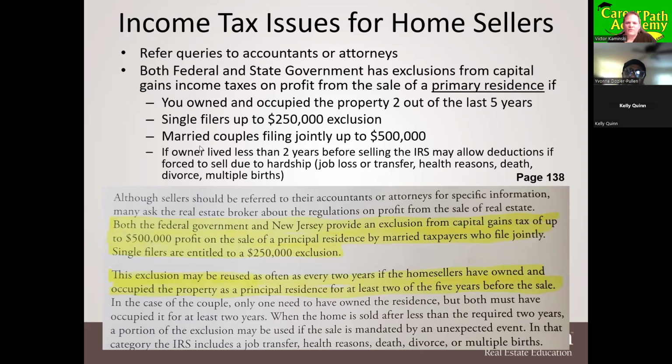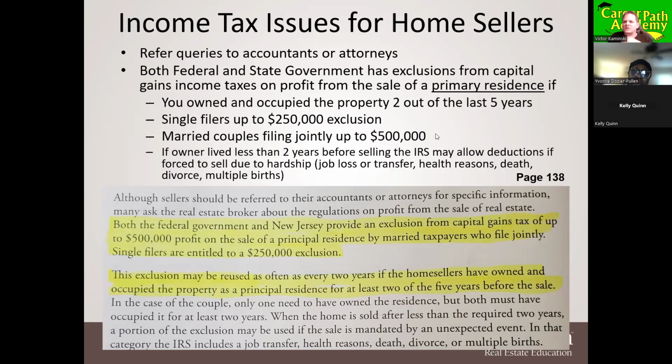If you're a married couple that file your taxes jointly, you could net up to $500,000 in profit on that sale and pay 0 income tax on that $500,000.